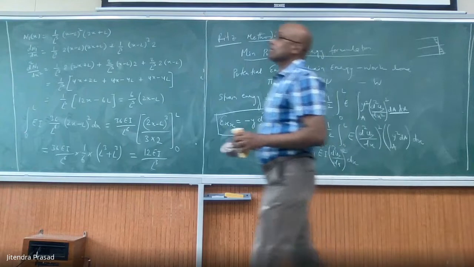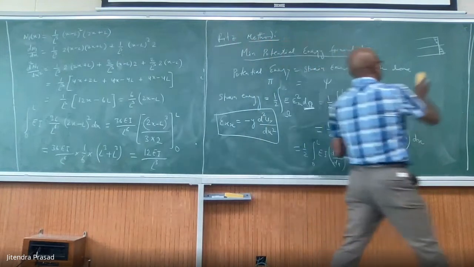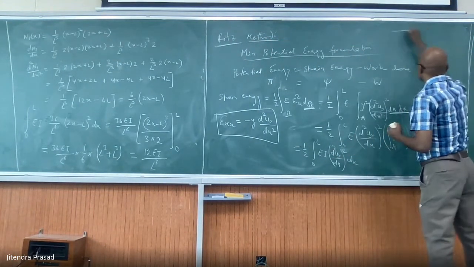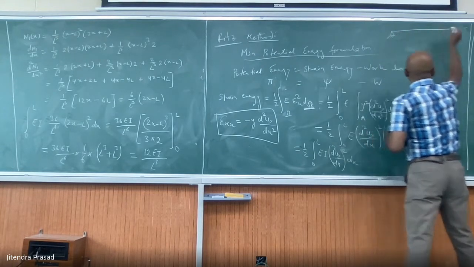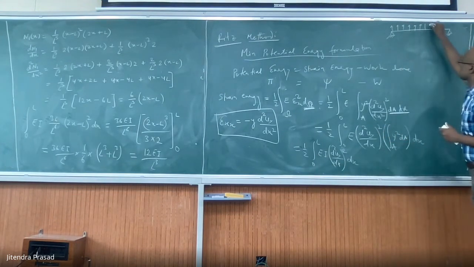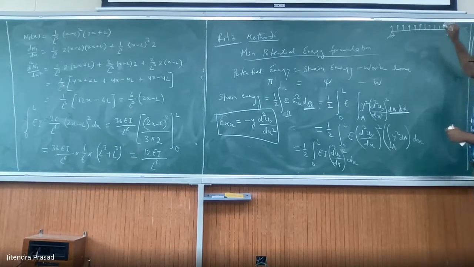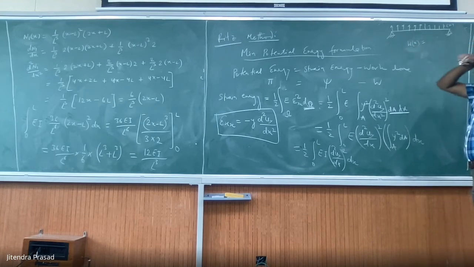Now W depends on the forces which are applied. So if you have this force, let us say this is fixed here and fixed here, and then you have the P like this. This is the Px. Then the total work done will be equal to Px multiplied by uy.